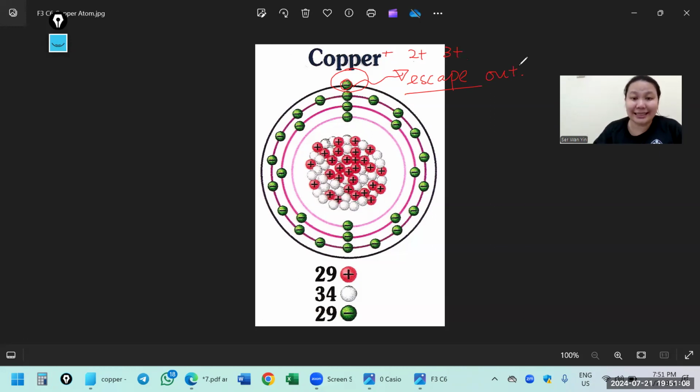Anyone try? Ionization to make it chemically stable. Very good, very good. Achieve stable electron arrangement. Thank you, thank you. If you don't mind, I tell your name. Sorry. But very good.